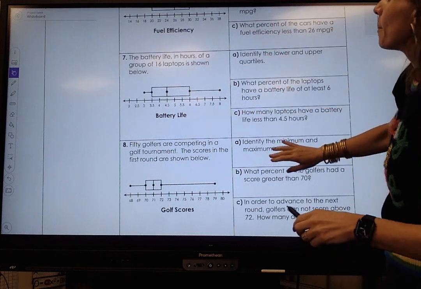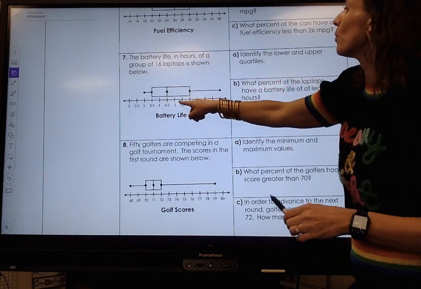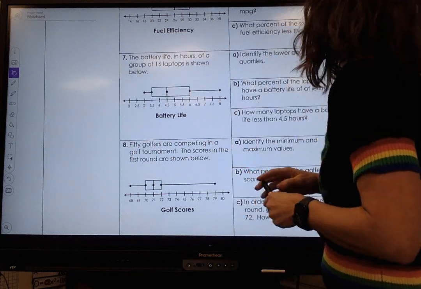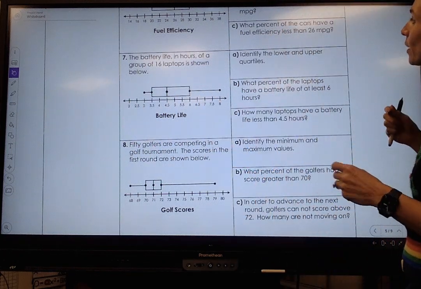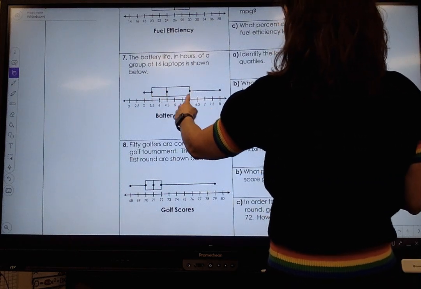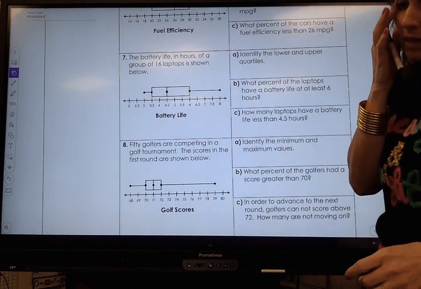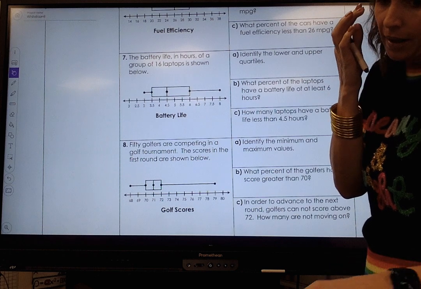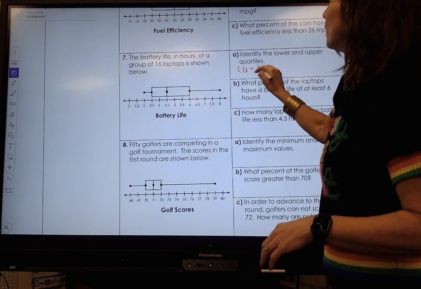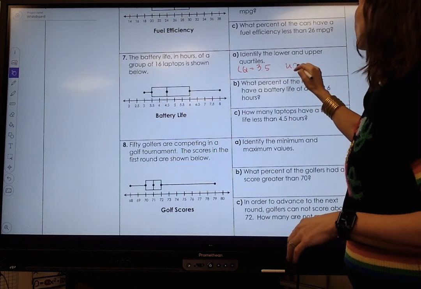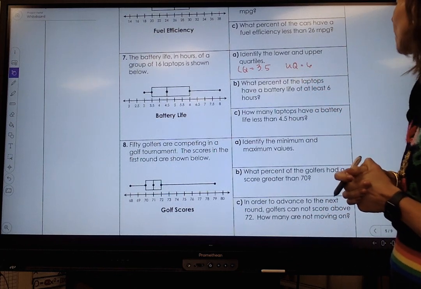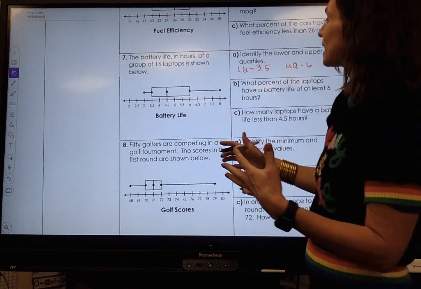Look at number 7. The battery life in hours of a group of 16 laptops, so 16 laptops, and here are the data points. Identify the lower and upper quartiles. So 3.5 is the lower quartile, and 6 is the upper quartile. What percent of the laptops have a battery life of at least 6 hours?